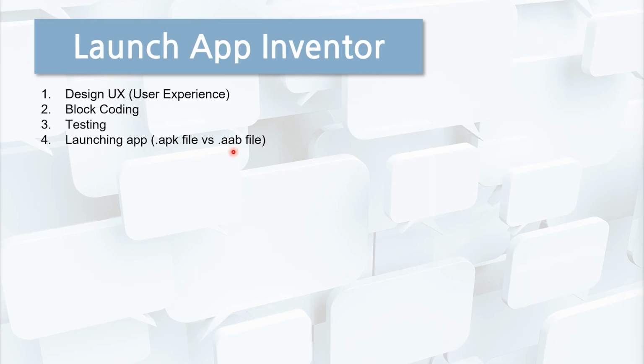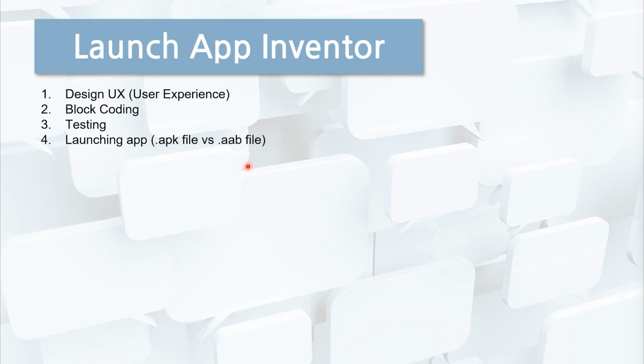Now, if you try to register our application to the Google Play, then you have to generate your application as an AAB file. Now Google Play no longer allows APK files.